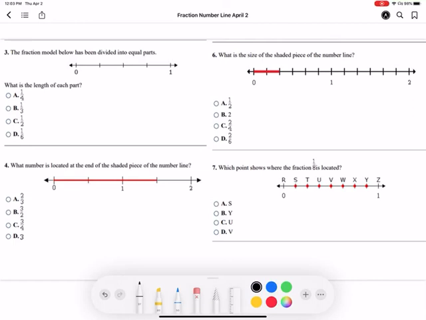I'm going to give you a little bit of time, and I want you to practice working them by yourself. Okay, I'm going to give you a bit longer.